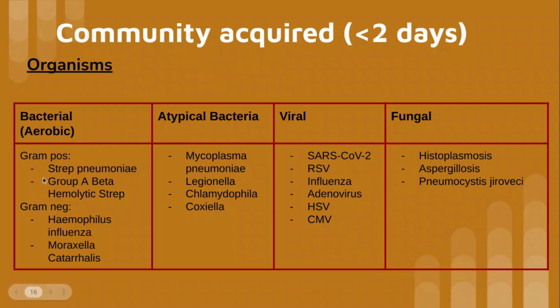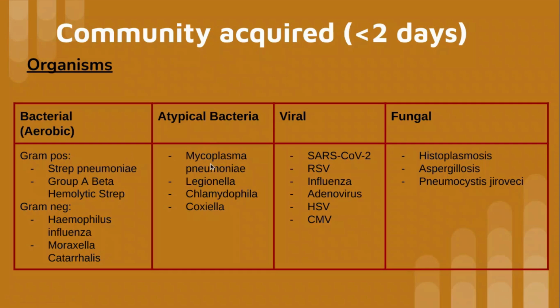So these are the gram-positive organisms that thrive in pneumonia. So you have Strep pneumoniae, group A beta hemolytic strep. Gram negative, H influenzae, Moraxella catarrhalis. You need to know these organisms. These are the common things that you pick up from the community.